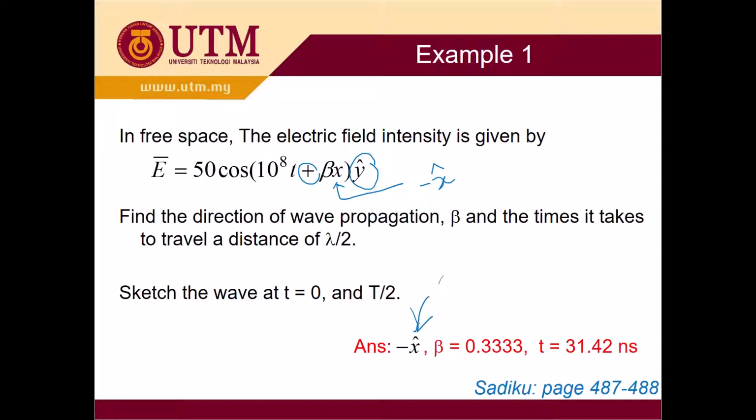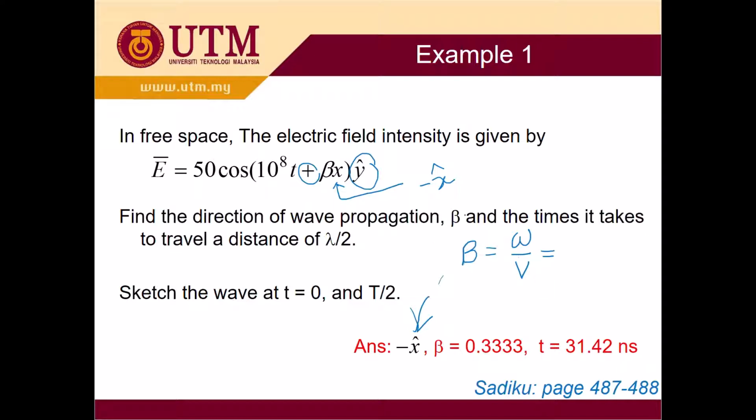How about the beta? How to find the beta? We can use the simple formula where beta is equal to omega divided by v. The omega is the radian frequency and the v is the velocity.